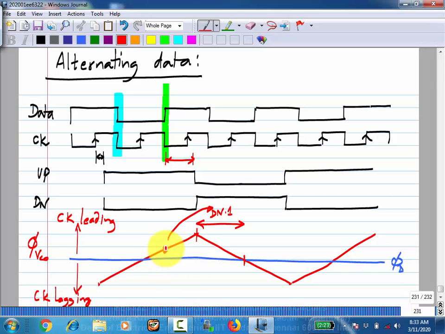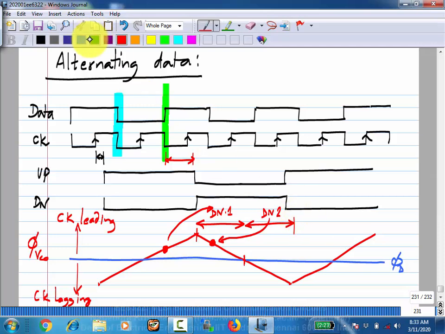A little more than half a cycle ago, the clock was leading, the clock was too early, so you get a down. And similarly, this is another down signal, and this happens a little more than half a cycle before that. Again the clock is leading.